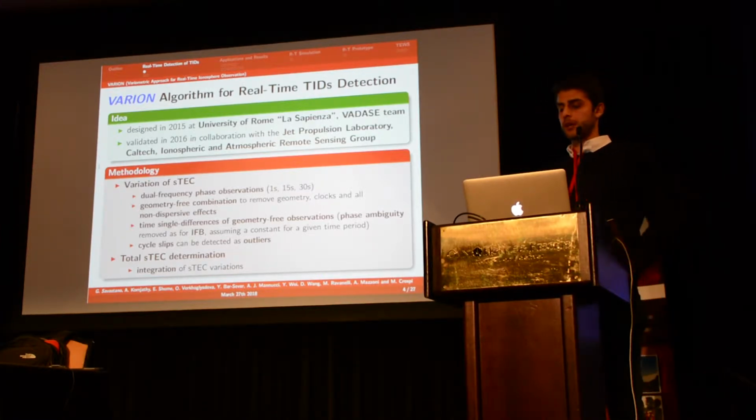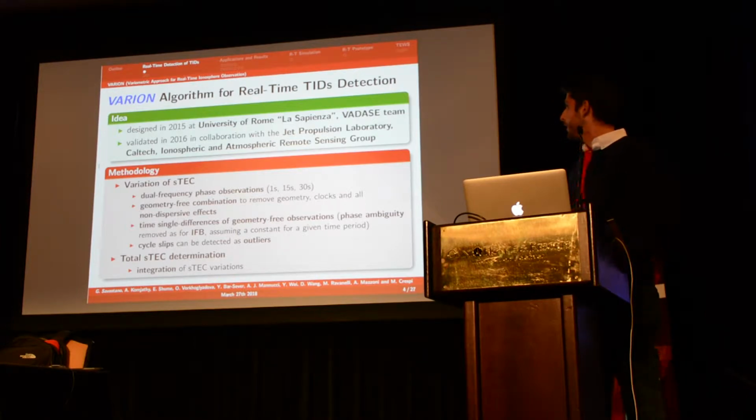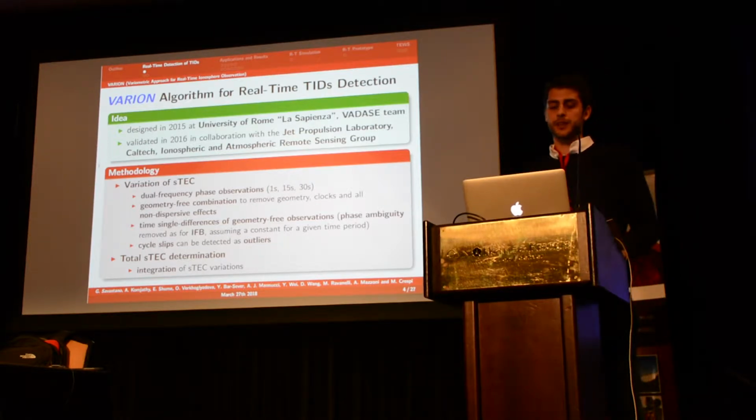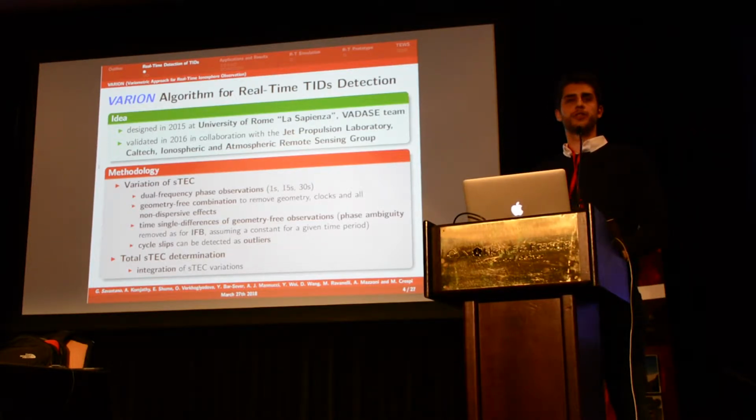And then we do a difference in time in order to remove the phase ambiguity and the interfrequency biases. Then we remove the cycle slips with some outlier strategy. And the last step, we integrate this value over time.